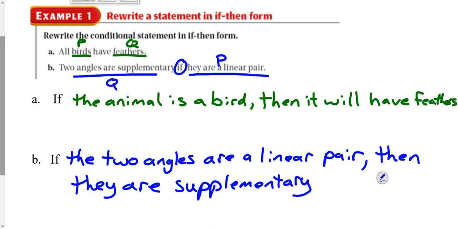If the animal is a bird, then it will have feathers. So make sure you're rewording to make it sound a little bit better. But you still need to have that same information, that is P going along with the if statement and our conclusion, which is Q, going along with the then statement.